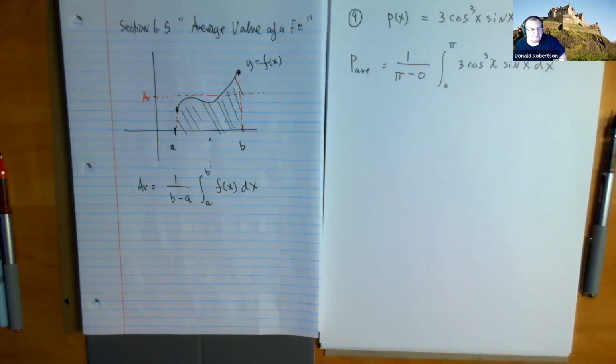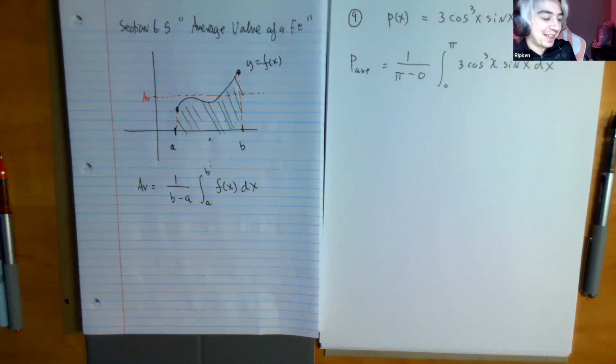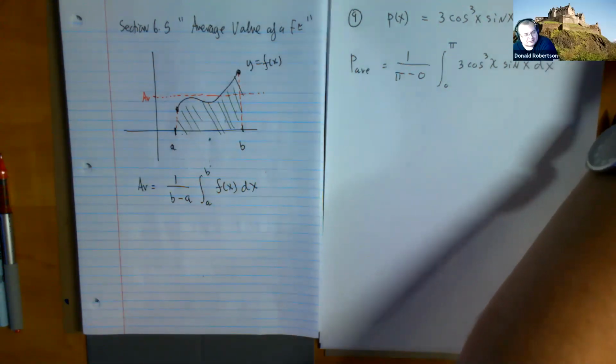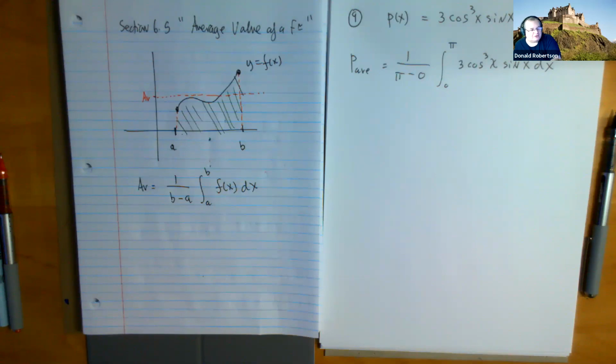Come on. Ripken, you're good. You like that one? Was it that bad it was good? Yeah, it was that bad. That was good. Douglas, I'm not so sure you appreciated that bad joke.